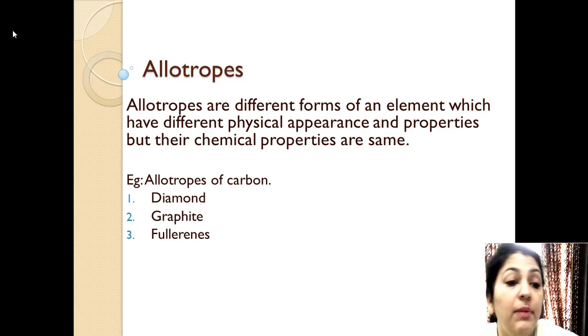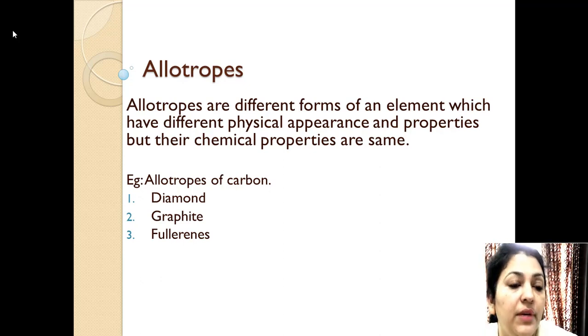They will be physically different, like in their melting points, boiling points, color, size, shape, density, etc. But chemically, it is a single element, right? So their chemical properties will be the same. Some elements show allotropy.